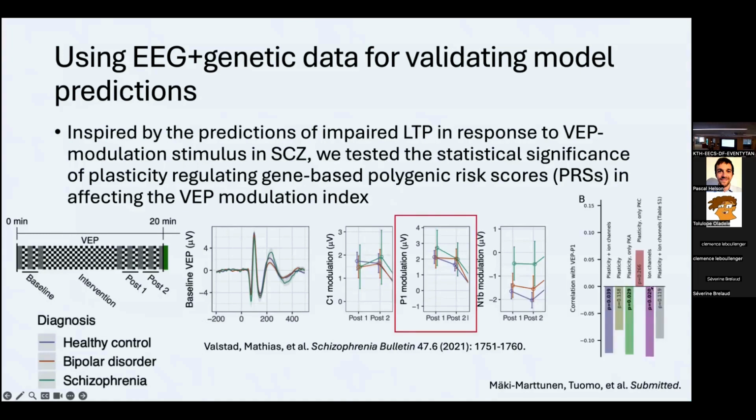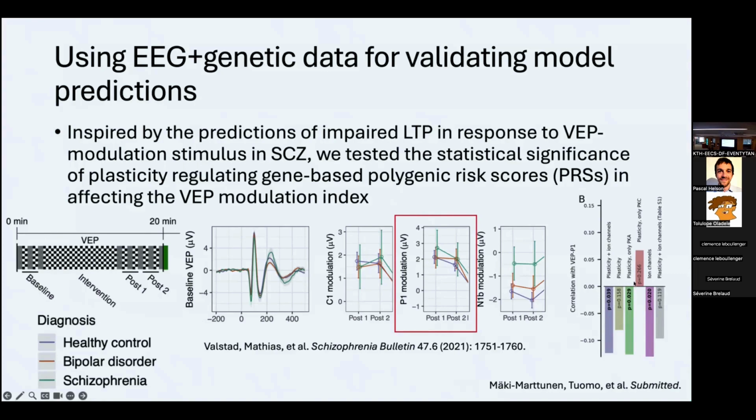And we then calculated the correlation between these polygenic risk scores and the modulation amplitude. And we found that the polygenic risk scores based on the SNPs found in genes regulating plasticity or encoding ion channels were statistically significant.